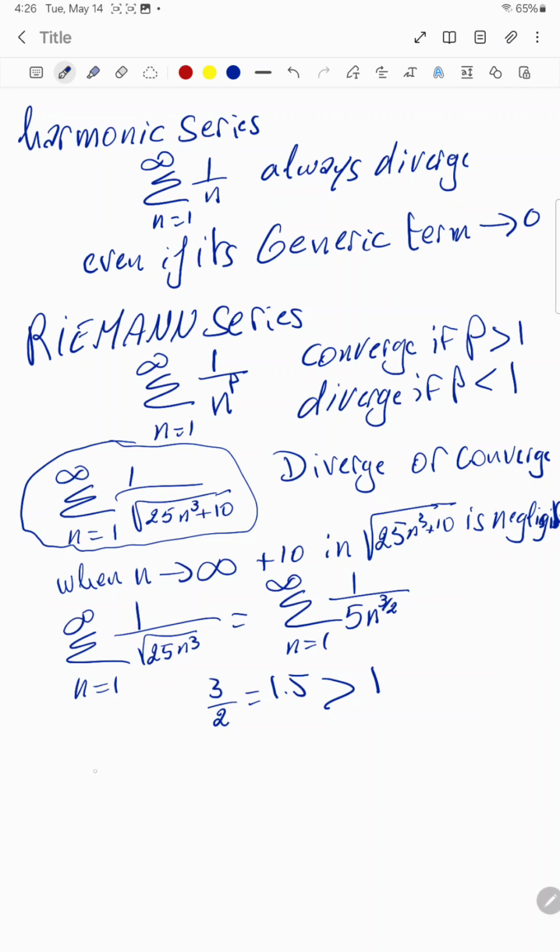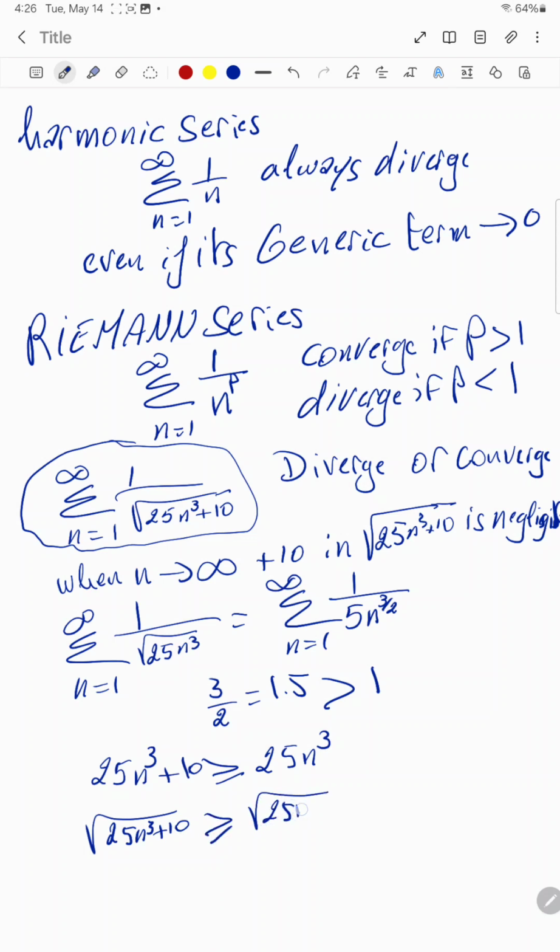So 25 n to the power of 3 plus 10 is for sure greater than or equal to 25 n to the power of 3, because there is a plus 10 on the left-hand side. So the square root of 25 n to the power of 3 plus 10 is greater than or equal to the square root of 25 n to the power of 3.